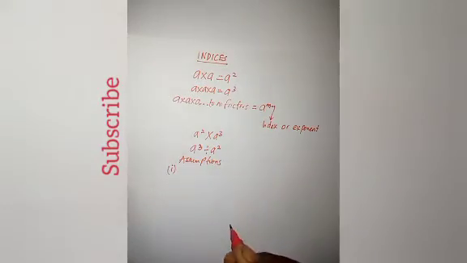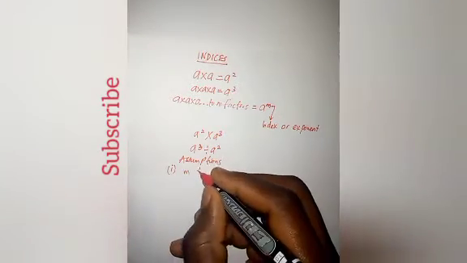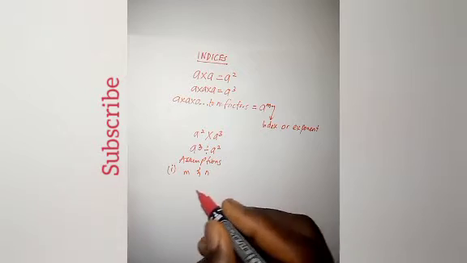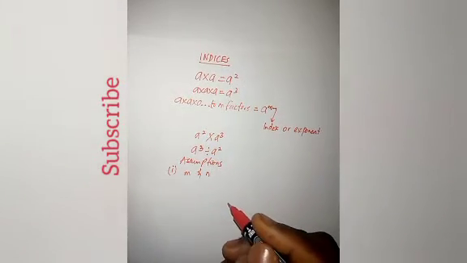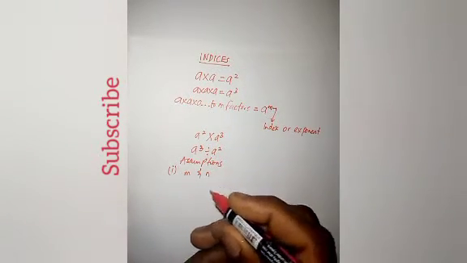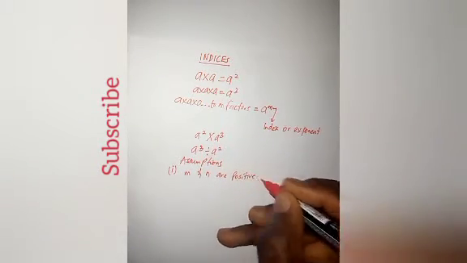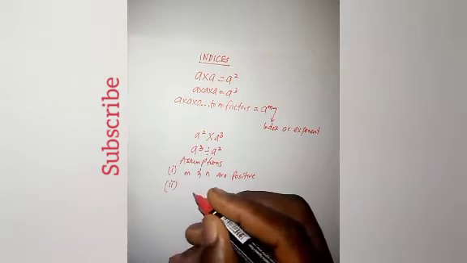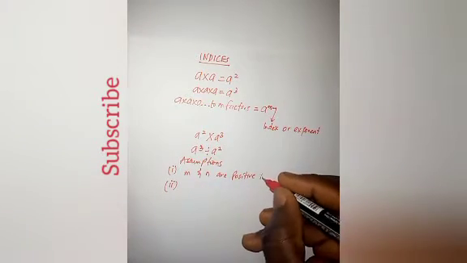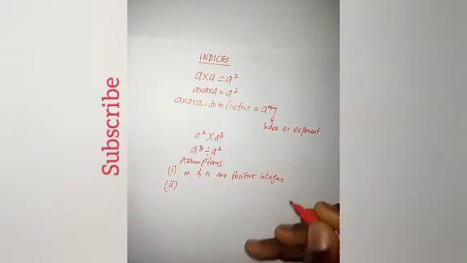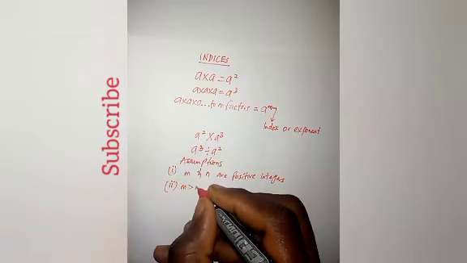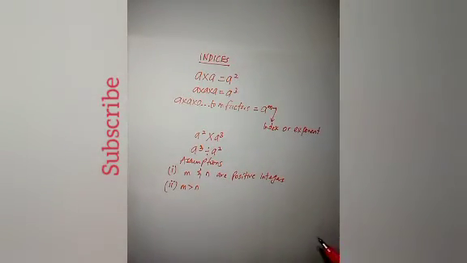The first assumption is that m and n, the variables we'll be using as the power of a, are positive. The second assumption is that they are positive integers. We also assume that m is greater than n, so as to make the law valid for any value we consider.